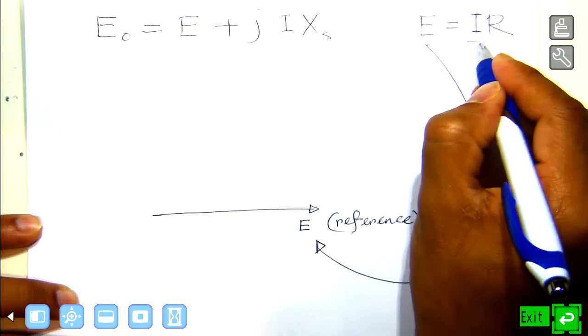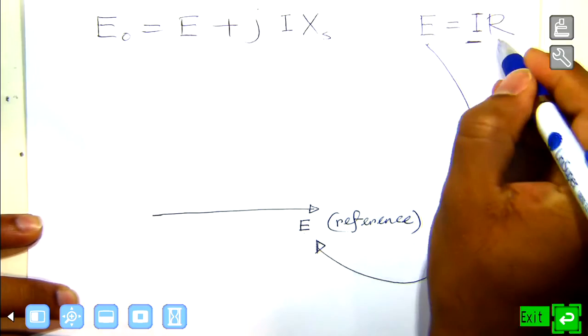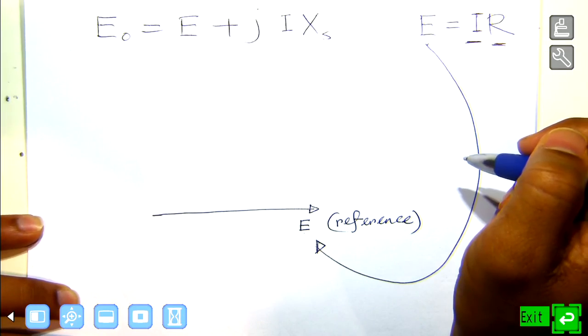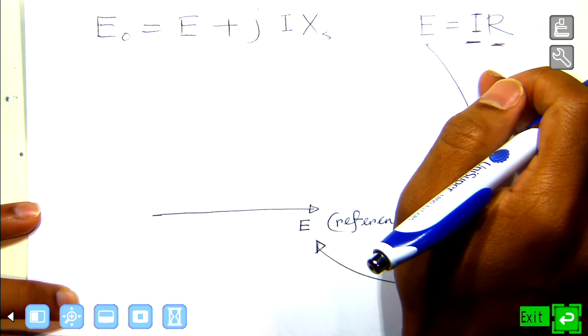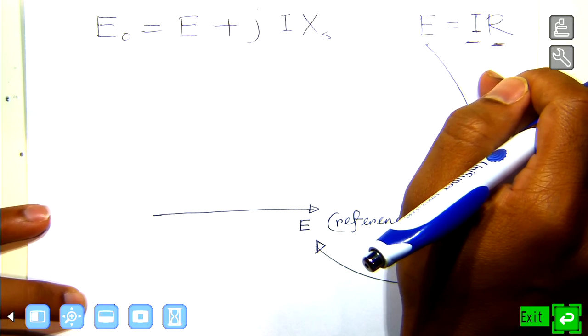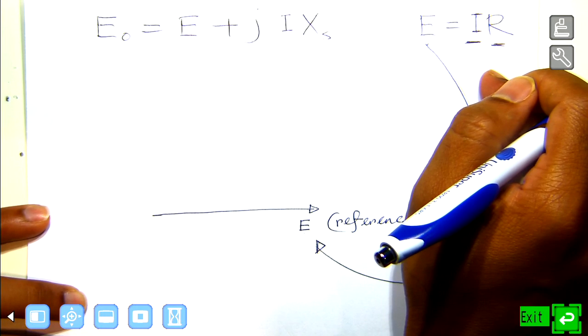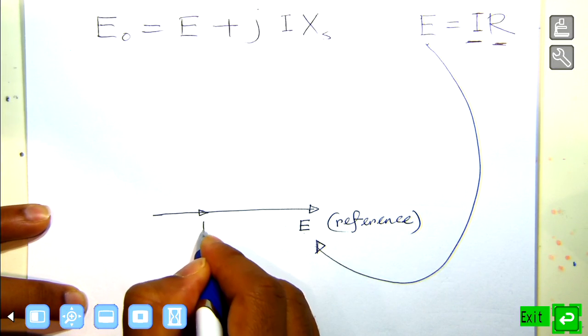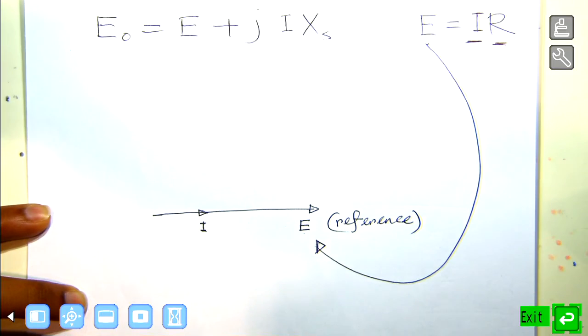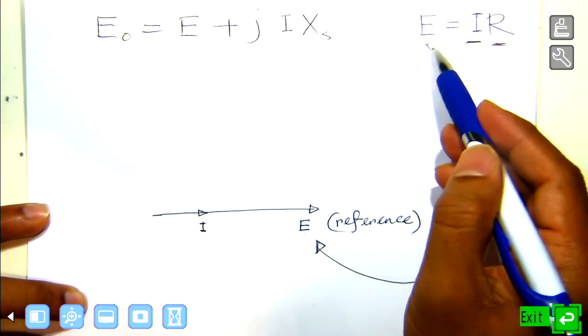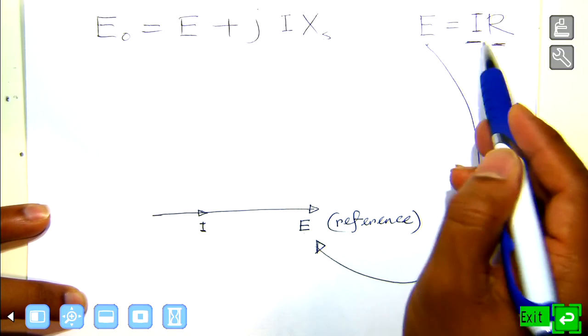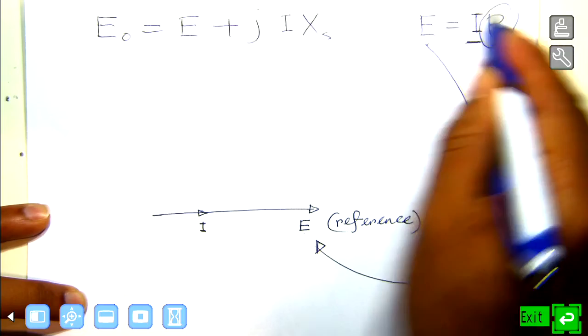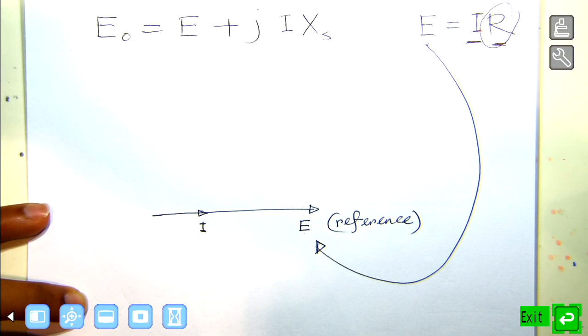If we want to draw I for the resistive load, because my load is resistance, it doesn't give me any phase shift. So the magnitude of I I will draw here, this is my I, because there is no phase shift between E and I because of R. So my I will be there.